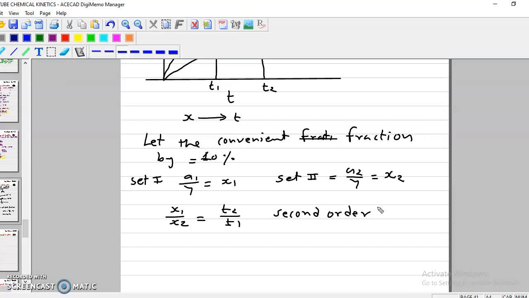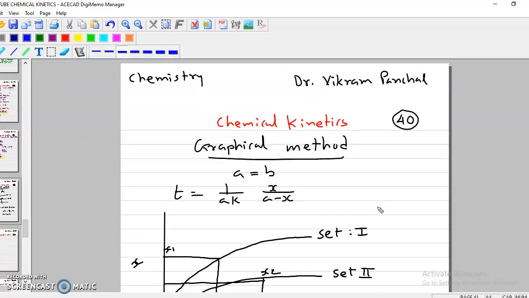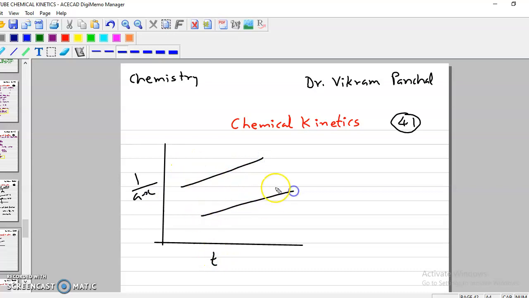Okay, and we can draw one more graph for this one. On the y-axis we take 1 upon a minus x versus t, and it will be a straight line for different sets.